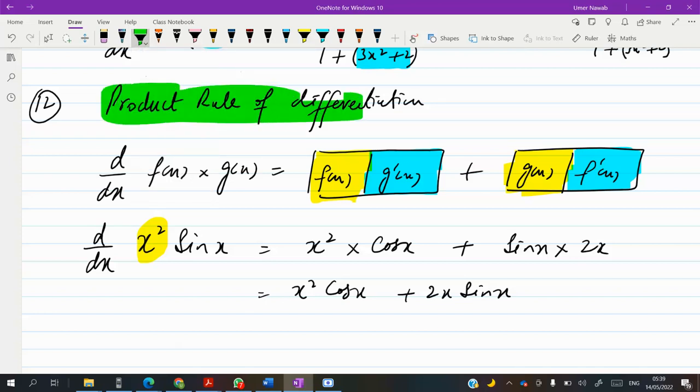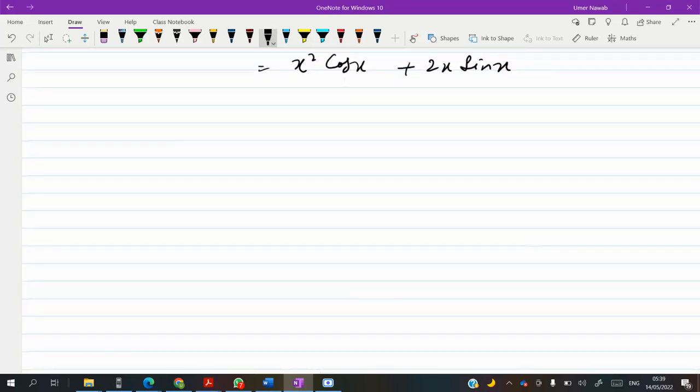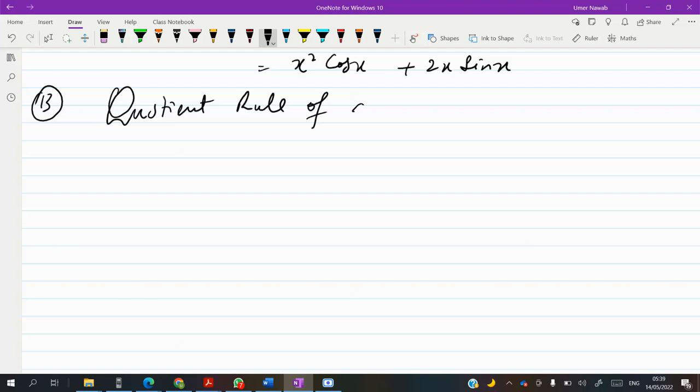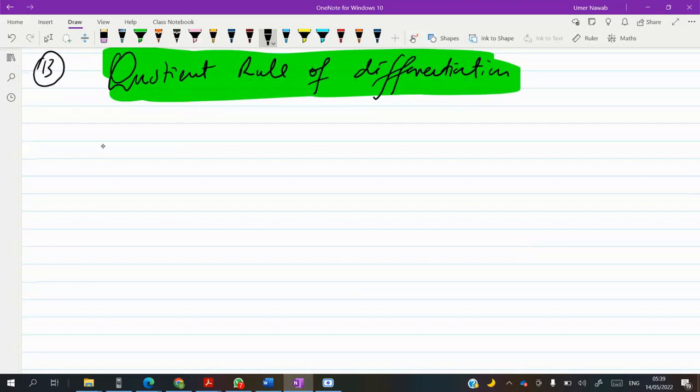We took it. Now we go to the 13th one, which is called the quotient rule of differentiation. The quotient rule is also very simple when we have two functions but they are dividing on each other: f of x divided by g of x.